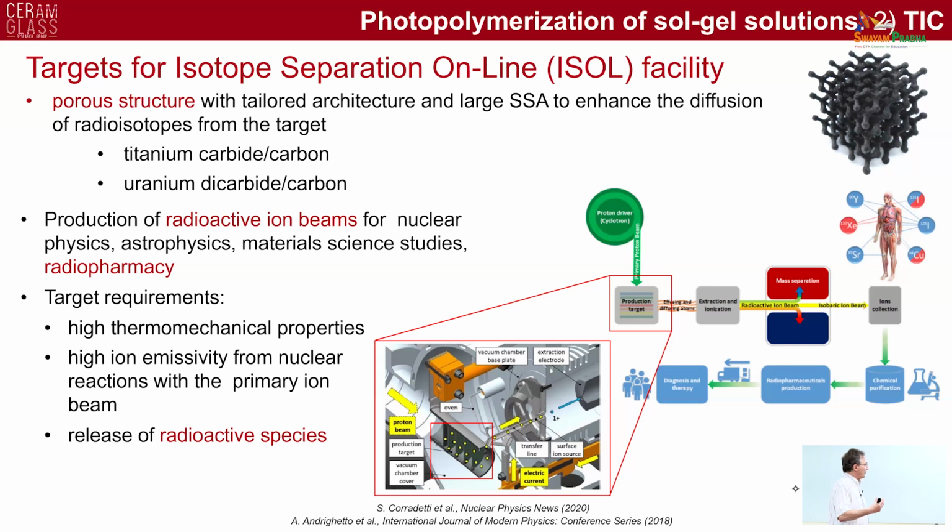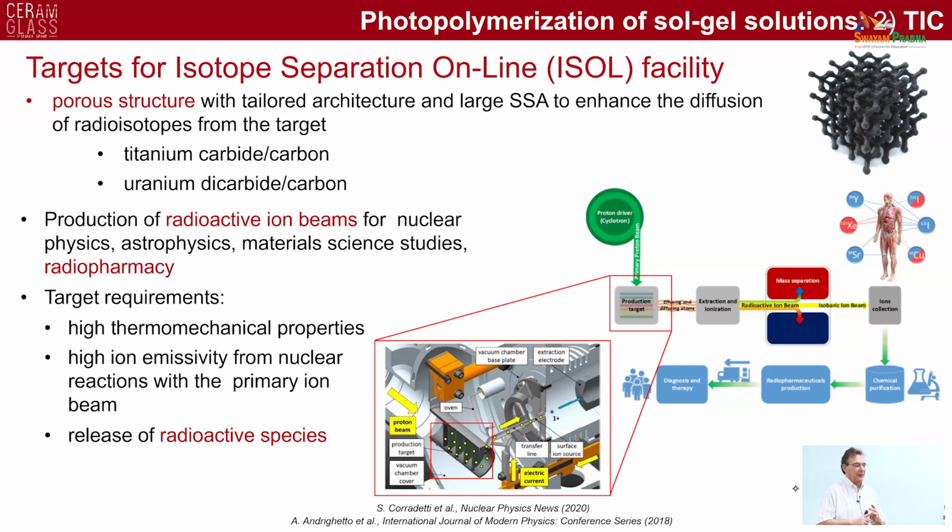And in order to facilitate the extraction of the isotopes, the process is called not diffusion, but effusion. This is facilitated by two things. One, the presence of additional carbon. So we should not make stoichiometric carbides, but carbon-rich carbides, because the isotopes released from the carbide grains tend to exit the material more easily if they can run through a percolating carbon structure.